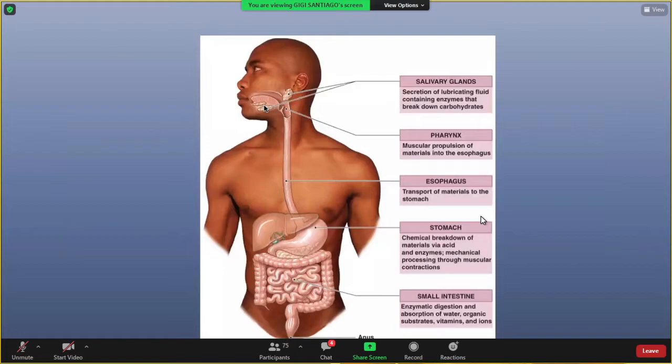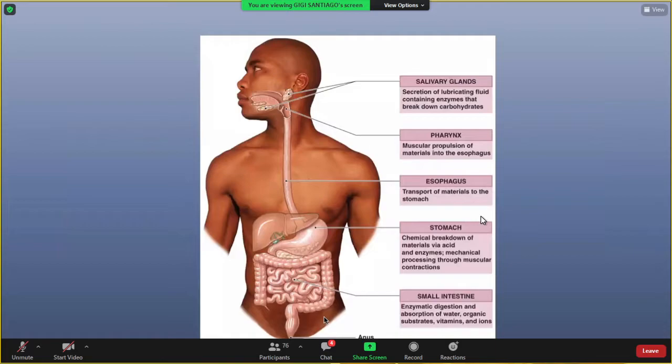Okay, ingestion, and then as the food is broken down into pieces, it would be through the help of your salivary glands secreting your salivary enzymes, and then the food would pass through your pharynx down to the esophagus, and then in the stomach, another process would be involved, your digestion, and then in the intestine, another process involved, your absorption, and then there would be the excretion or your defecation.